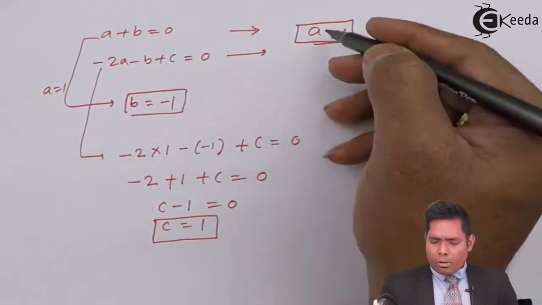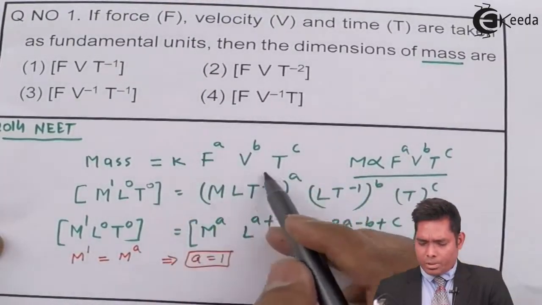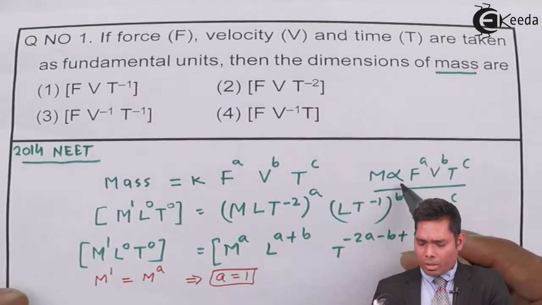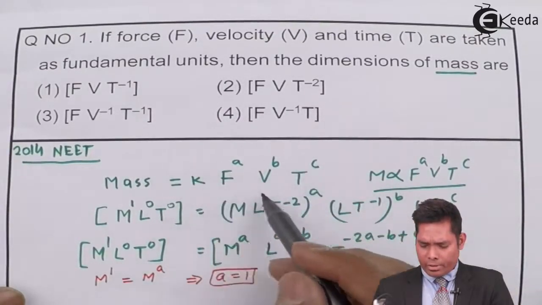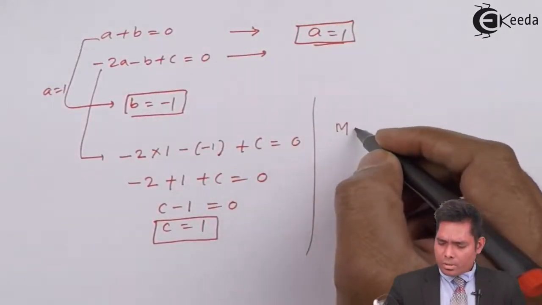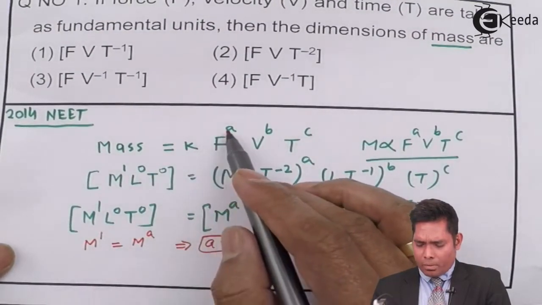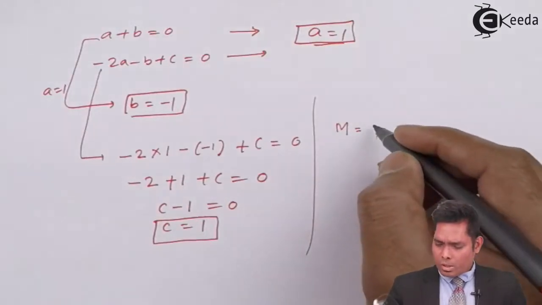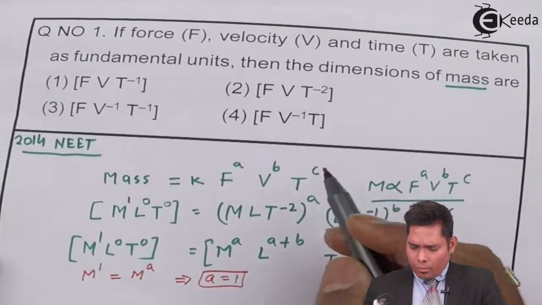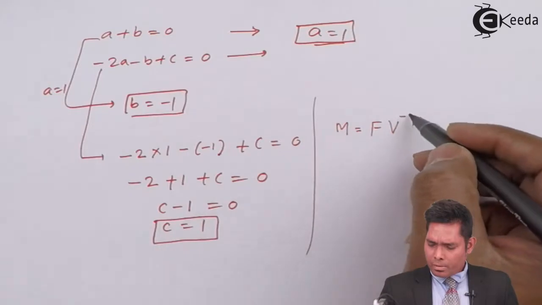So after you get the values of A, B, C, you have to put them in this expression, where mass is proportional to the quantities taken as fundamental. Then you write in this form. So mass M can be written as F to the power A, because this is dimensionless, F to the power A, that is F to the power 1, so it will be F. V to the power B, B is minus 1 here.